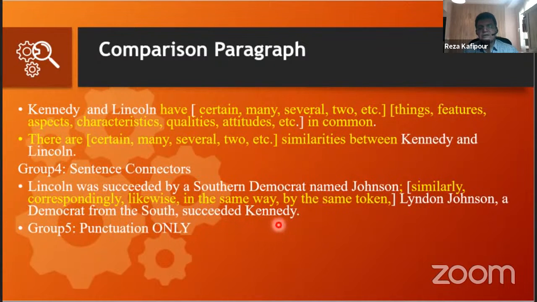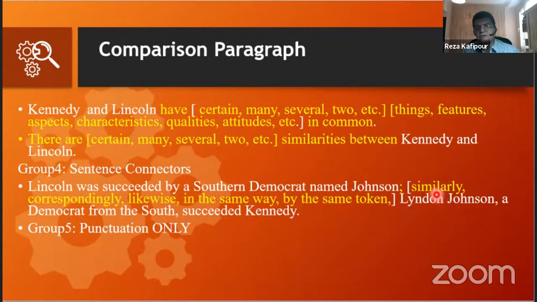So see, here we are talking about the same degree of comparison. So what is the same degree of comparison? Succeeded by a Southern Democrat named Johnson. We want to say Lincoln and, let's say, Kennedy were succeeded by a Southern Democrat.